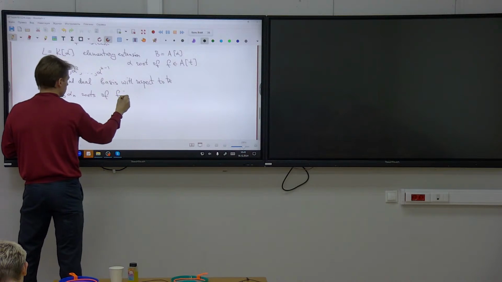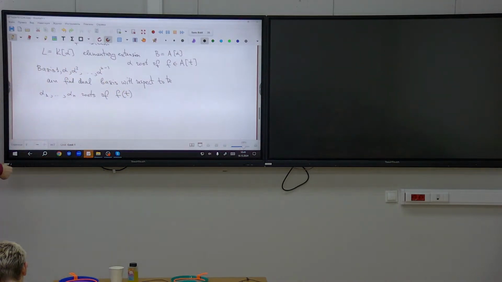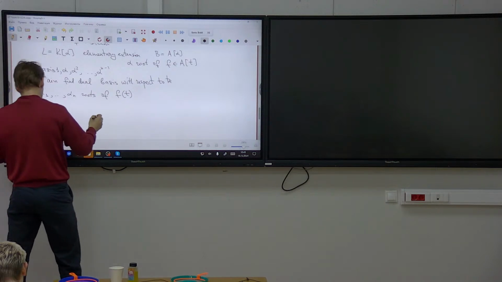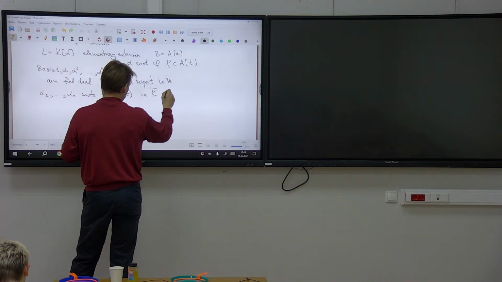Initially, of course, alpha is just alpha 1, and of course in the algebraic closure.